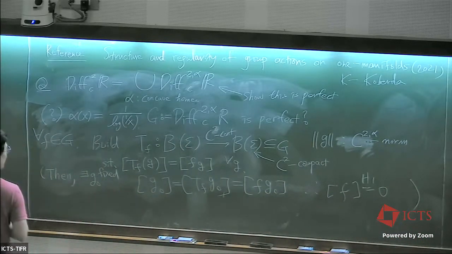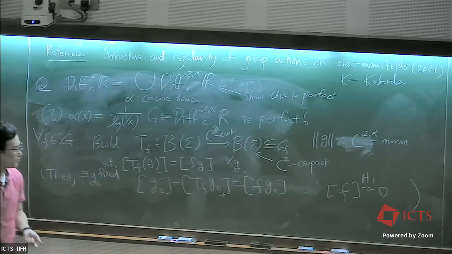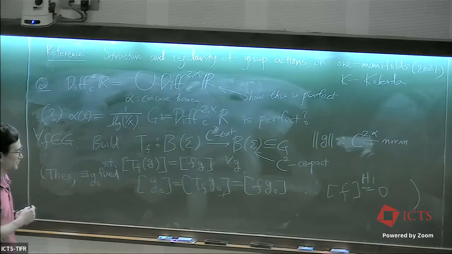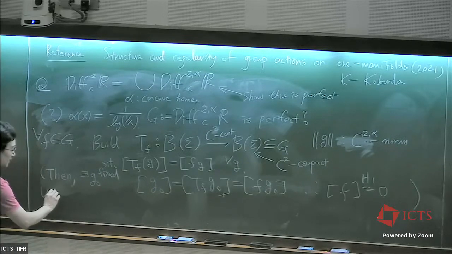So the game is to find some clever definition of a map from a ball to a ball, such that the H1 class is preserved. In other words, starting from FG, you multiply by some commutators, and conjugation is allowed, and eventually you want to reduce the norm. That's all. How do we find such commutators? The first trial is you may want to try simply T_F of G as FG.